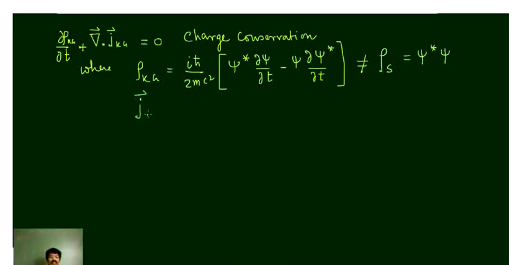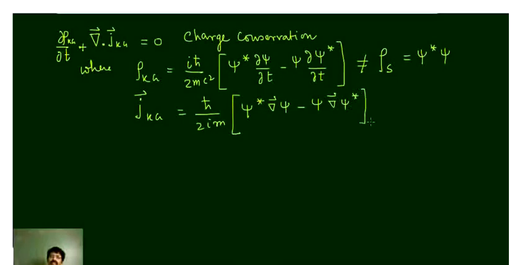But j Klein Gordon is equal to h cross by twice i m, psi star grad psi minus psi grad psi star, which is equal to j Schrodinger.